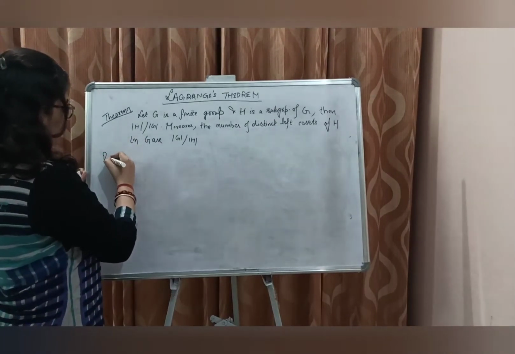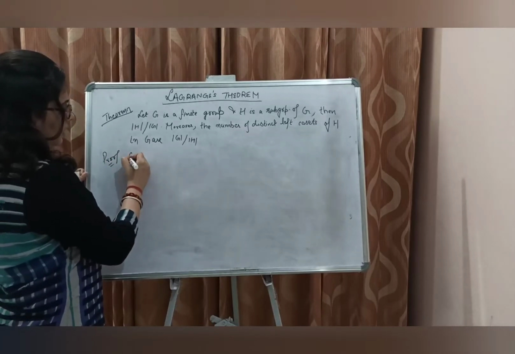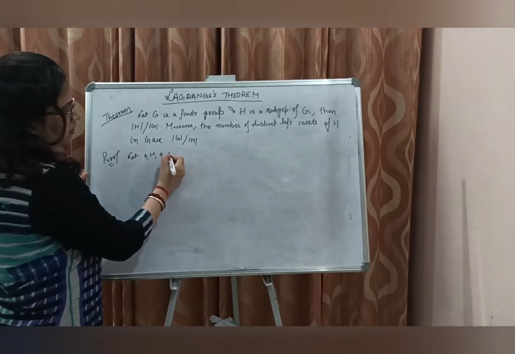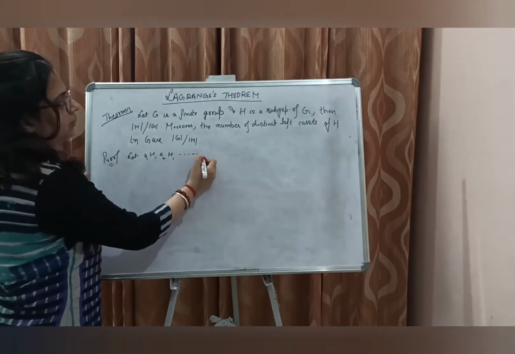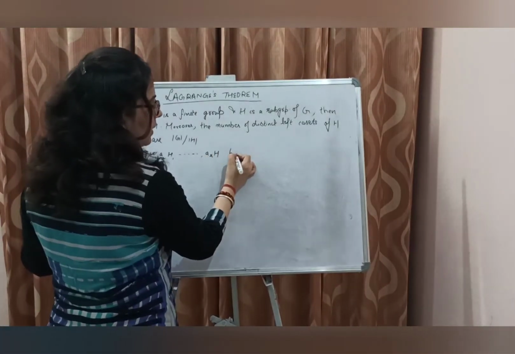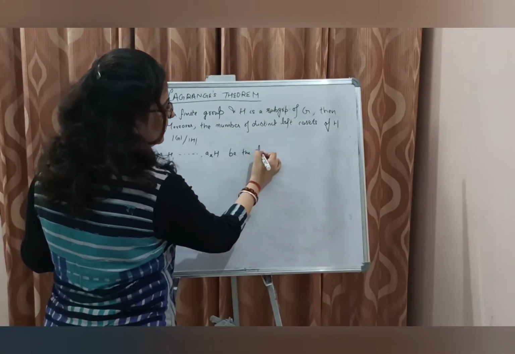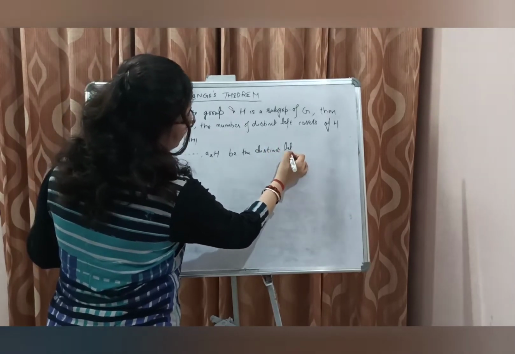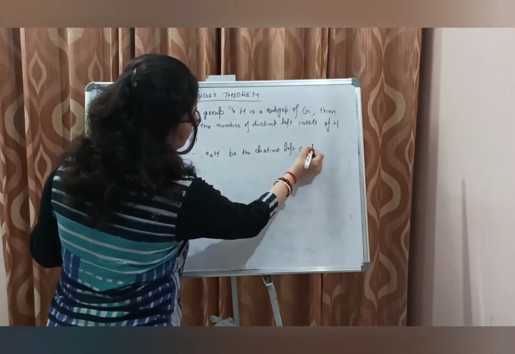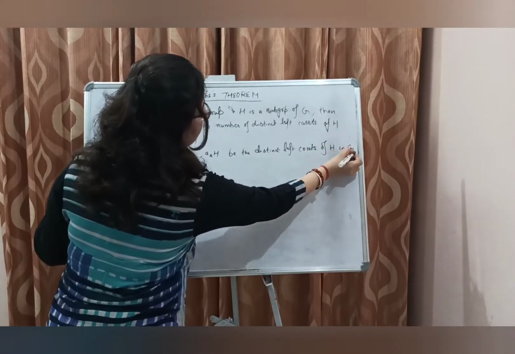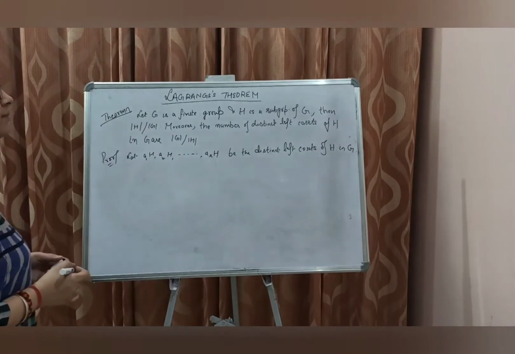So here goes the proof. Let A1H, A2H, so on up till ARH be the distinct left cosets of H in G. Okay.